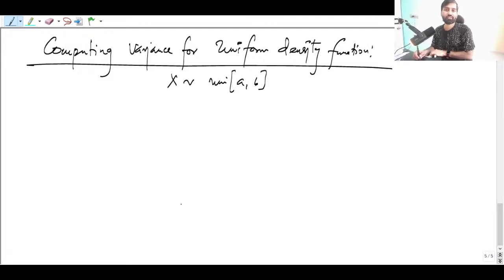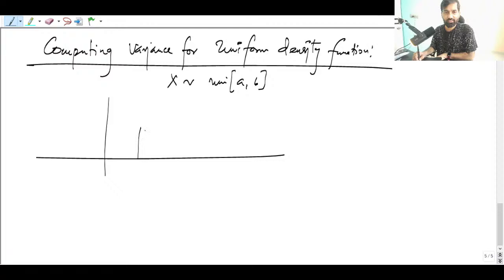These are the parameters, right? So first of all, you can draw it quickly. I'm taking a and b as positive here, and the height is 1 by (b - a).